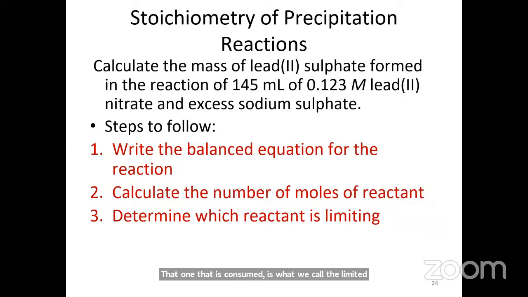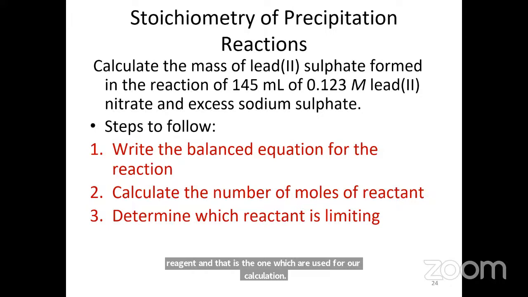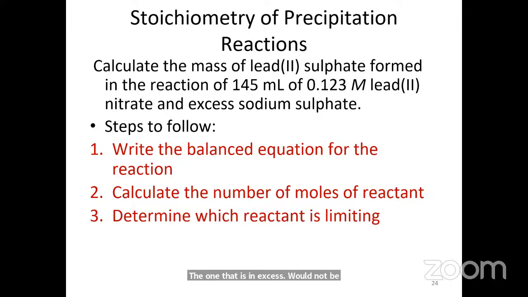The one that is in excess will not be fully consumed in the course of the reaction, so we can't use it to calculate the number of moles. The limiting reagent is the one that will be fully consumed in the reaction; the other one will be in excess, so we can't use it for calculation.